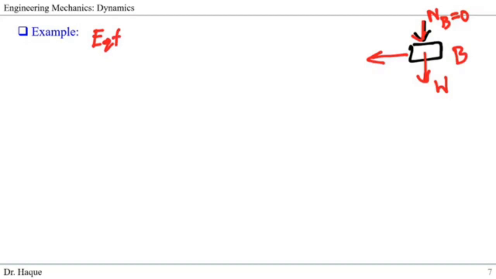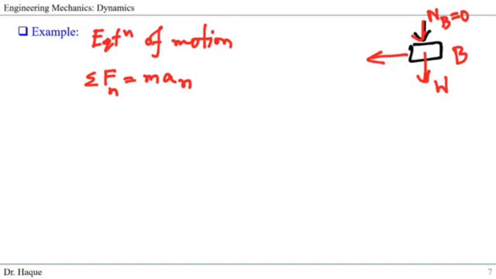So the equation of motion, which we know is summation of F equals ma. Since we're working on the normal side, we'll use m an for our benefit. So we're going to take the forces in the normal direction.